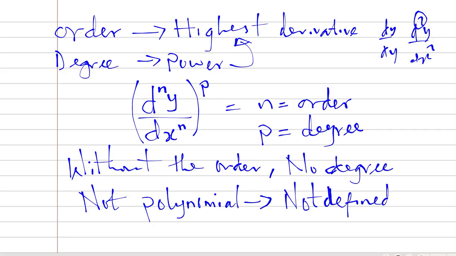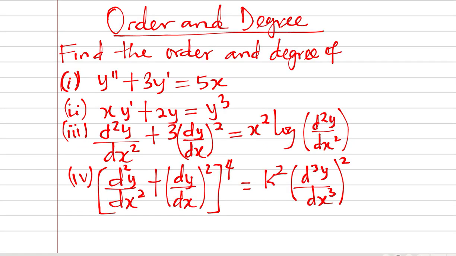So now let's go back to our example. We said order is the highest derivative. If you look at this, y prime prime is second order, because y prime prime means d square y over dx squared.